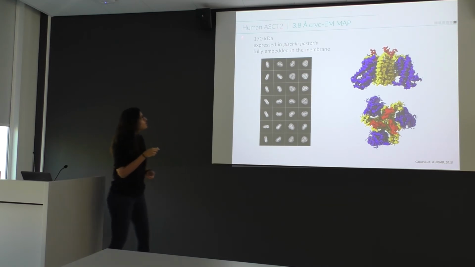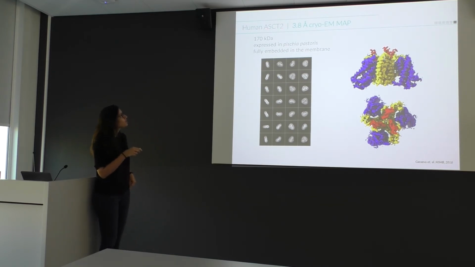One of the other projects is human ACT2, an amino acid transporter, and we were able to solve it to 3.8 angstrom. It's also a fairly small protein, well, at least it's a trimer, which already facilitates image processing. But what I found very characteristic, and I was very happy that it works so well, is if you look at the 2D classifications, we have a very peculiar case where the protein is fully embedded in the membrane.